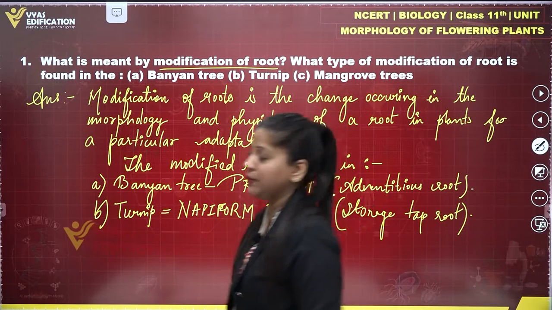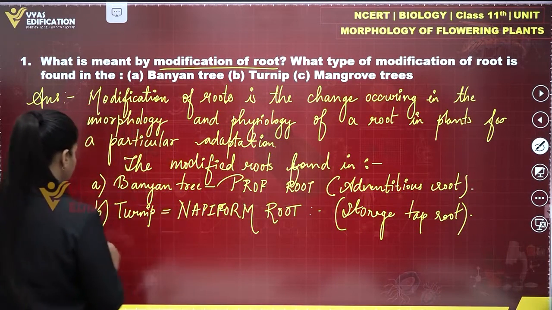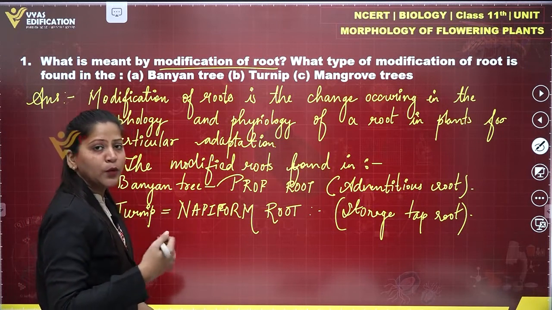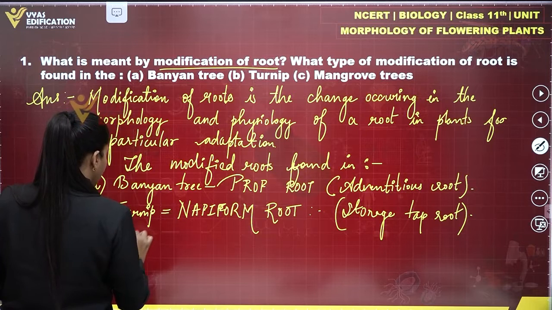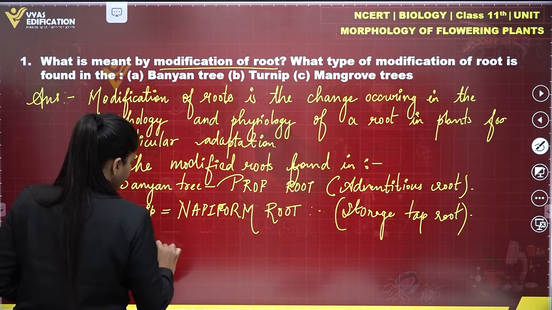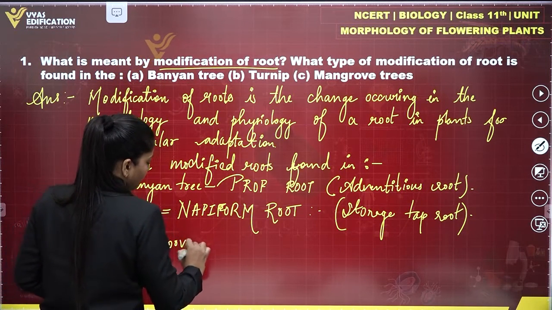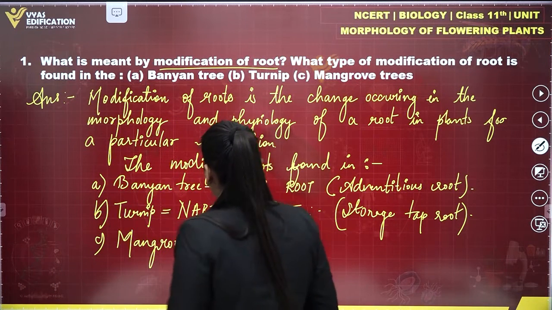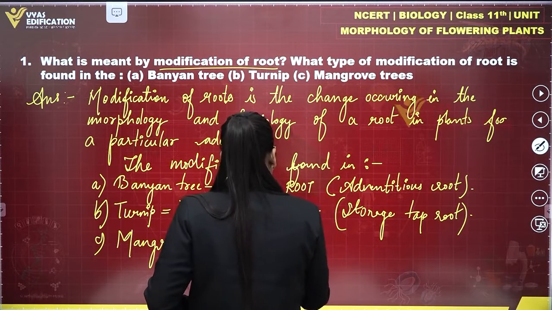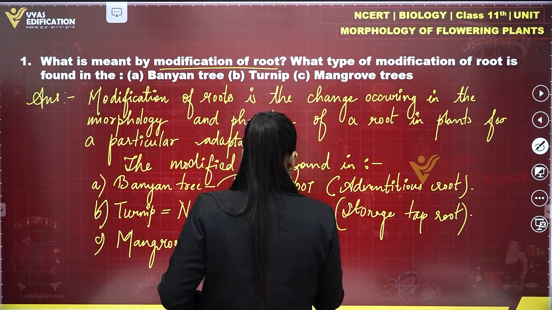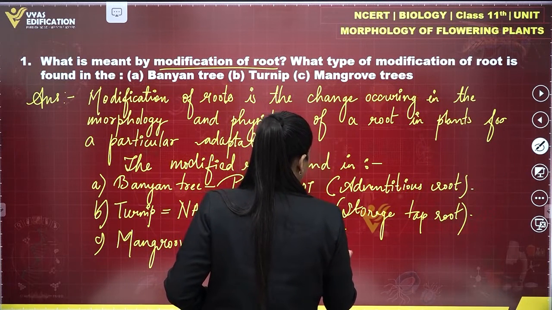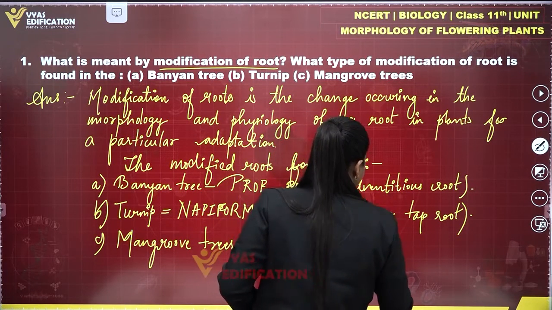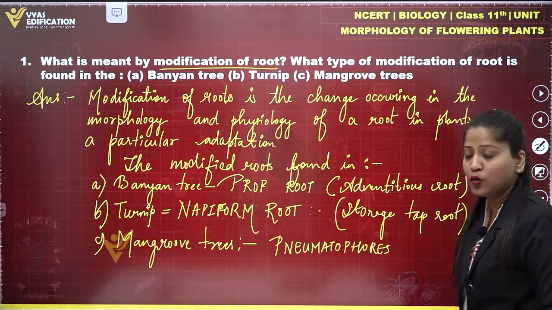Then the last one, we have mangrove trees, and we have to tell about the modified root found in the mangrove trees. These mangrove trees have pneumatophores as their modified roots.